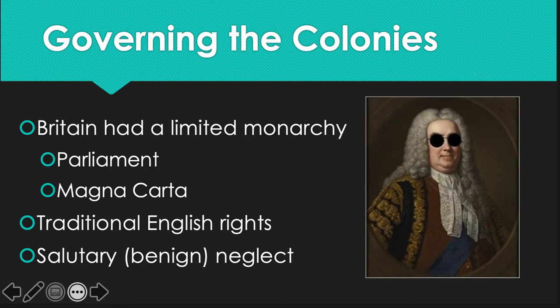The Magna Carta, the idea proposed in the Magna Carta that the colonists are going to hang tight on, is the idea that the king over in England could not tax the people without representation, without their permission.